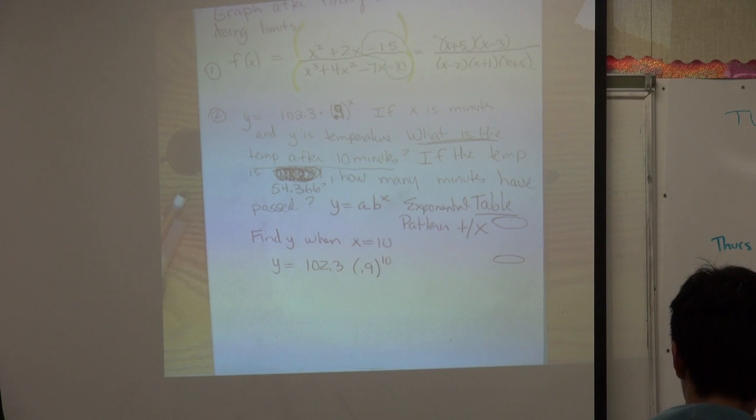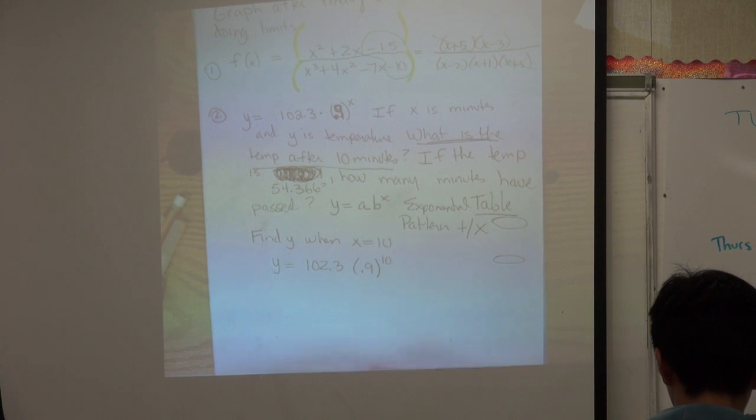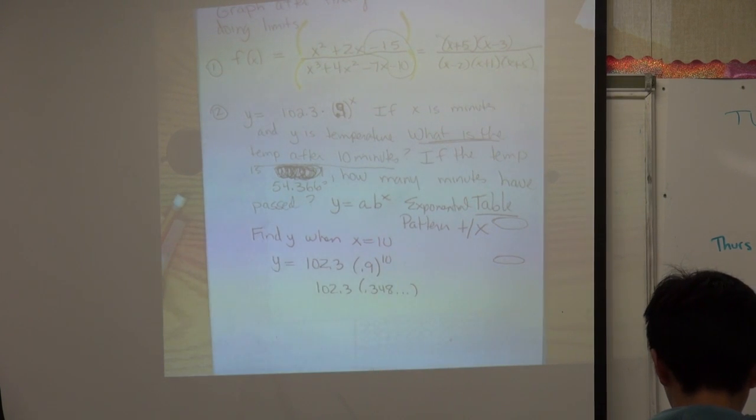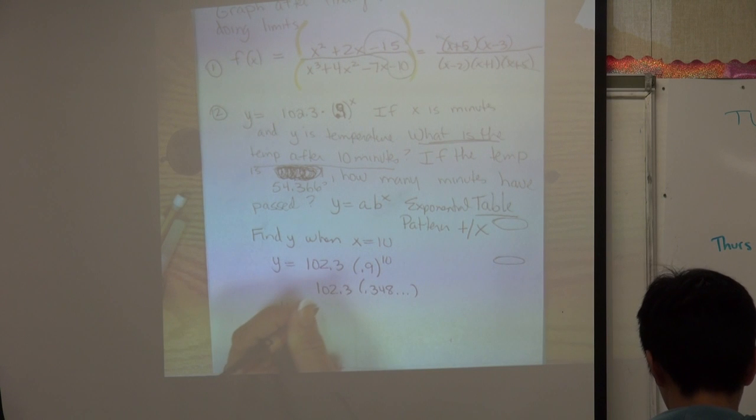But if I say algebraically, that means I want to see you crunch the numbers. So you would raise 0.9 to the 10th power. It's always a good idea to show some work along the way, but it's not a good idea to round anything until you get to the end.